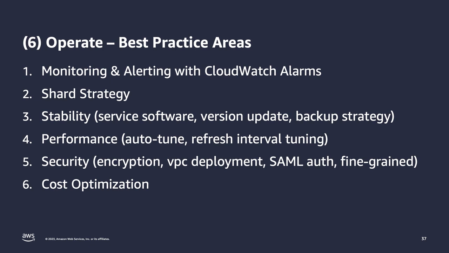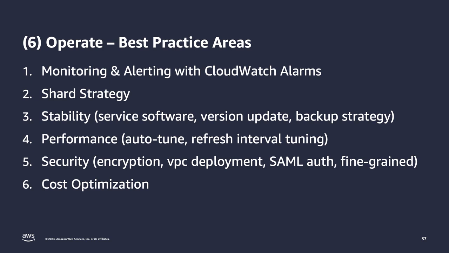By default, it's a 1 second refresh interval. If you can afford to have more latency in your ingestion, typically in log analytics, then you can increase the refresh interval. This will reduce the resource consumption in your cluster entirely.